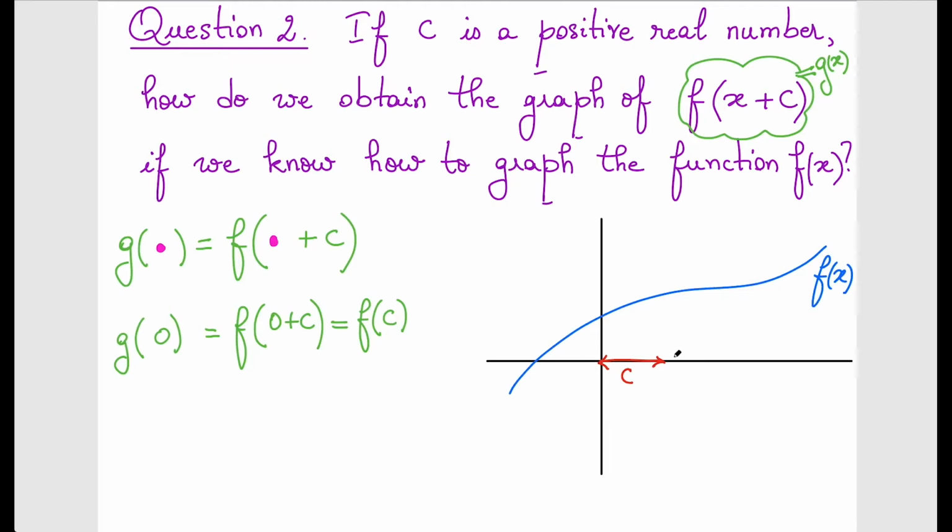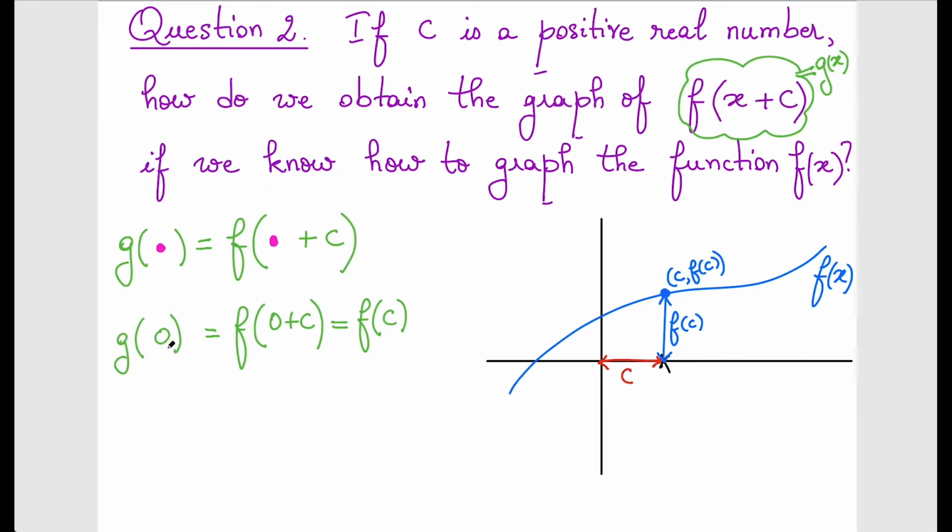That's the point c, and that's f of c. So that's the point whose coordinates are c comma f of c, which belongs to the graph of f. Correct?